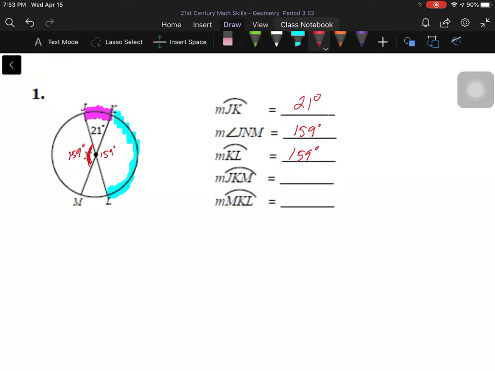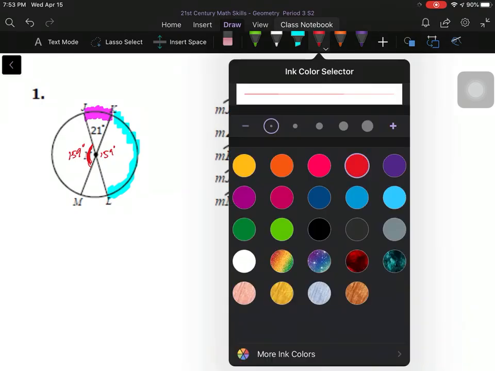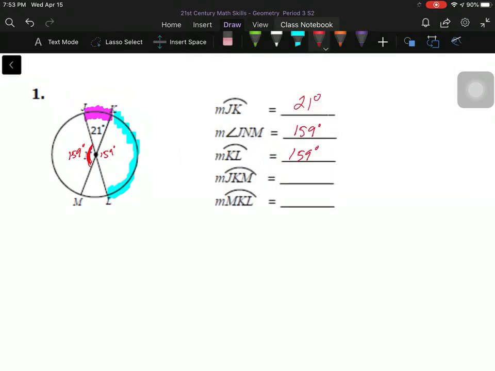The measure of arc JKM. Again, if I use those vertical angles from way back in the day, I know that JL is a diameter. So I know from here to here is 180 plus 21 more. So that'd be 201.